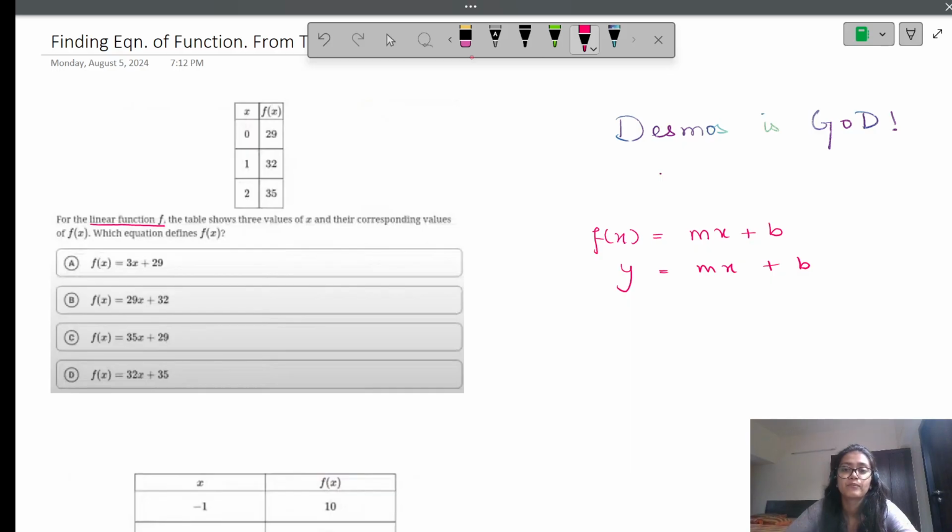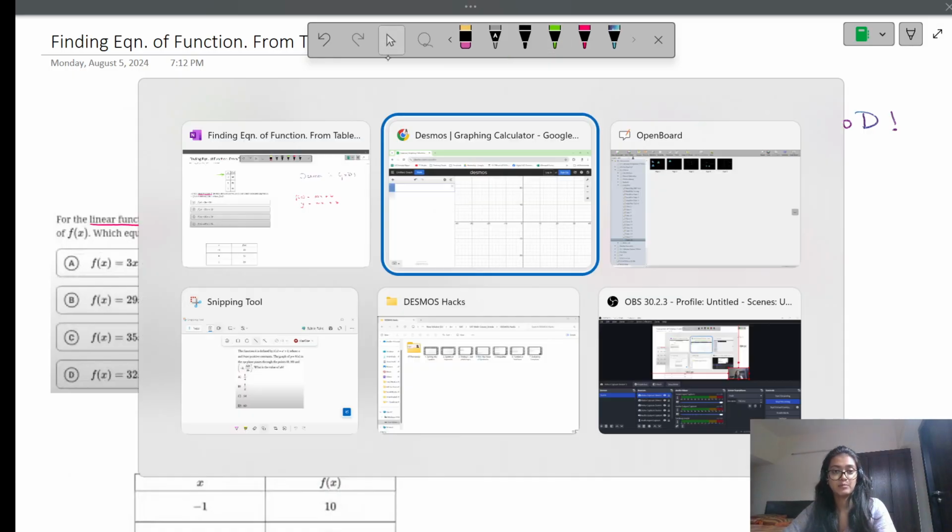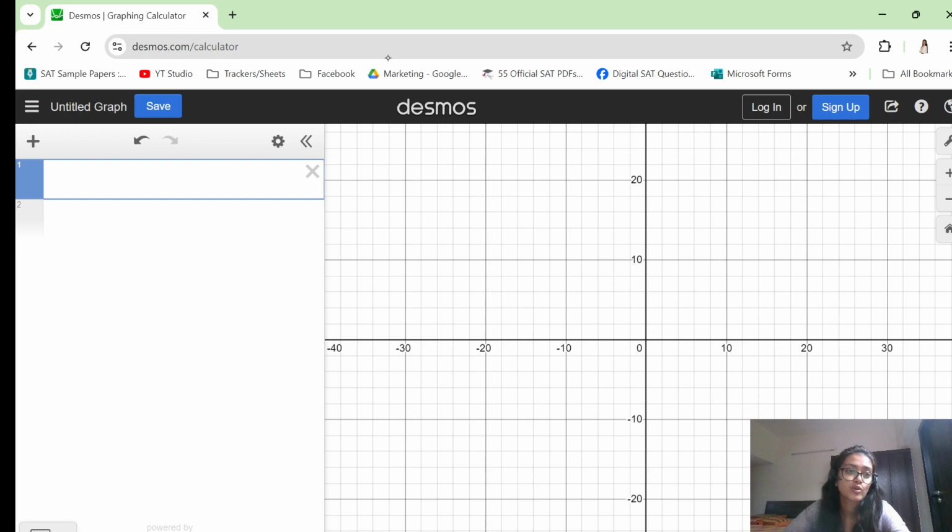Okay, so let's go to DESMOS, and what you need to do is actually type this exact table on DESMOS. There is an option to get a table on DESMOS. On DESMOS you see this plus icon.